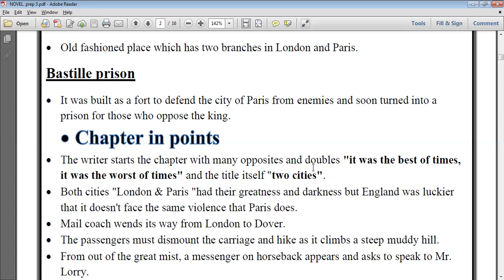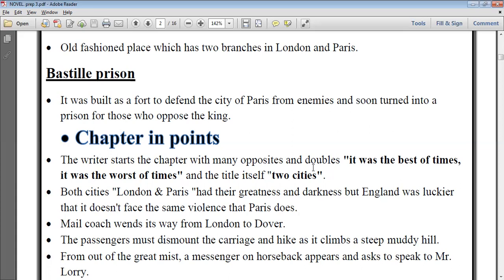The writer starts the chapter with many opposites and doubles. It was like saying it was the best of times, it was the worst of times. And the title itself is two cities. So, two different conditions and two places.